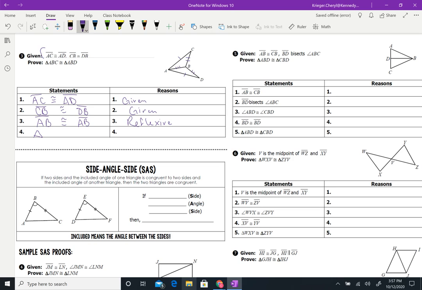Let's say this carefully. We have to follow the same path. So we went 3, then 2. That would be triangle ABC is congruent to triangle ABD, using side, side, side.